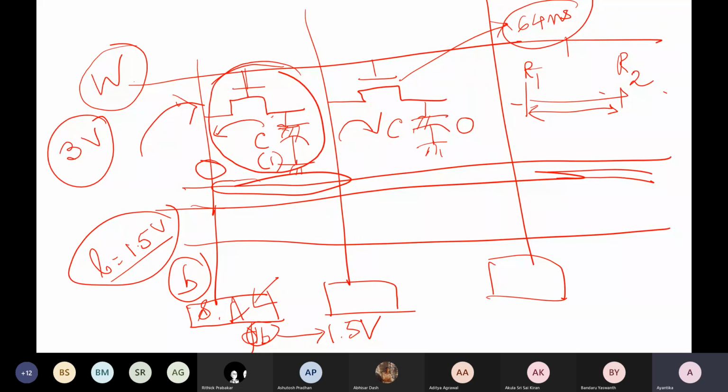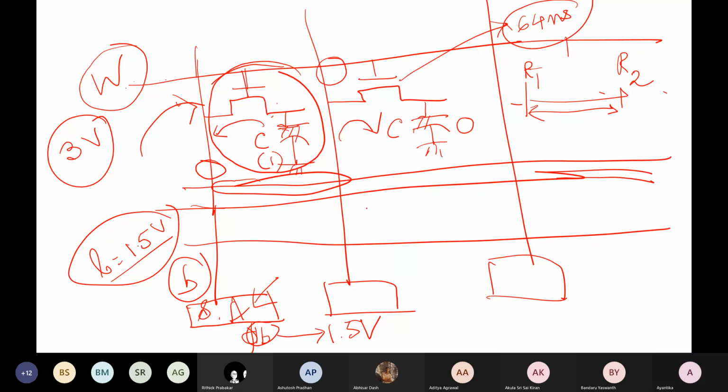Sometimes some field is getting created, some conduction channel is getting created, and due to those channels, when you are accessing these word line and bit line cells, all the cells are connected at the corner of this word line and this bit line, right?